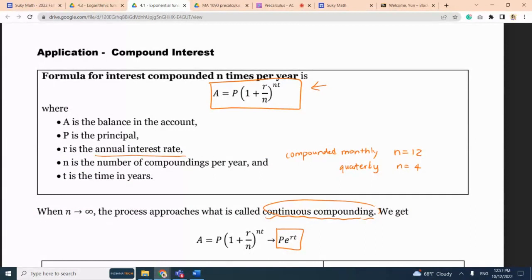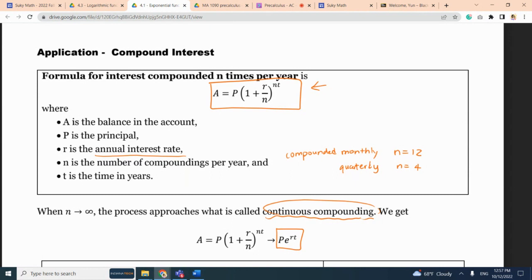Okay, so A equals P times 1 plus r over n raised to the power of n times t, where A is the balance in the account, right? It's the current balance in the account. P is the principal. So P is the principal. Principal is the amount of money that you initially put into the account, right? Everybody? Principal. And r is the annual interest rate.